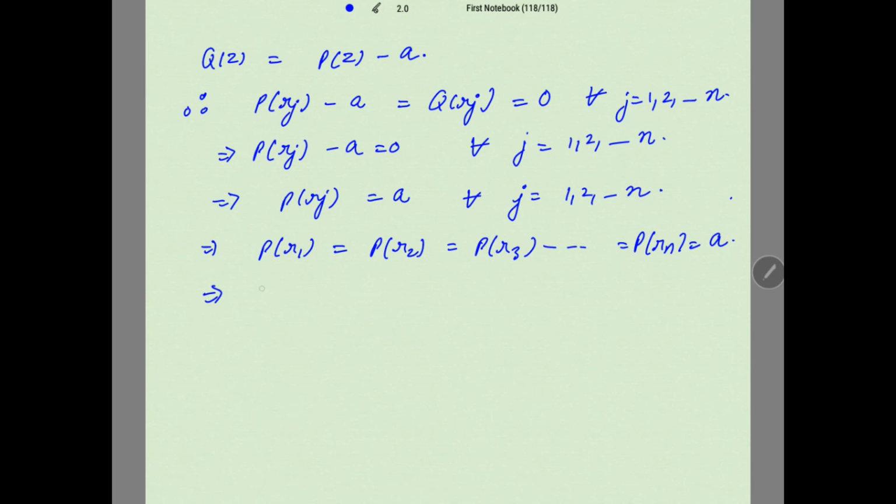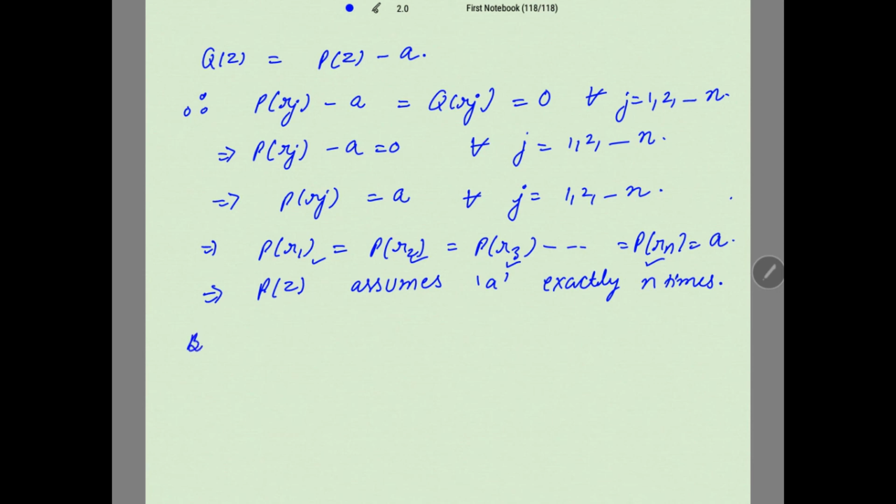What does this mean? This polynomial P(z) is assuming A n times, right? So P(z) assumes A exactly n times, because for r1 the value is A, for r2 the value is A, for r3 the value is A, and so on. But A was arbitrary. A is any complex number.